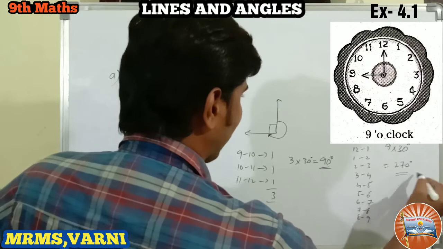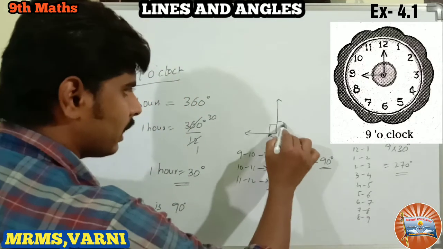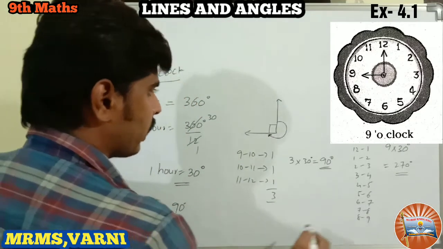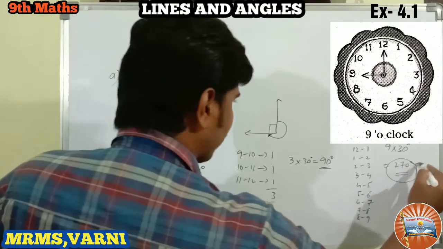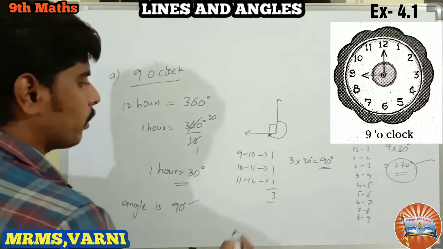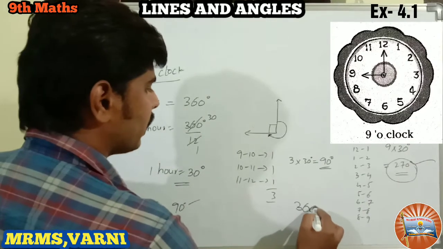So if you sum this 270 and this 90 degrees, you must get 360 degrees.